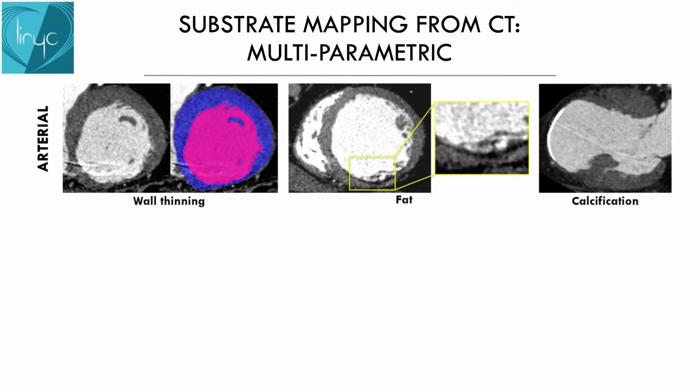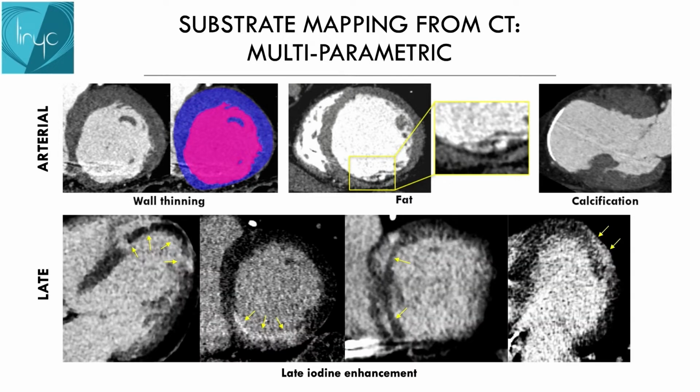You get access to the fat infiltration, which has some implications, and to the calcifications. And these are the type of images you can find with late iodine enhancement, which is pretty similar, even if it's a little noisier than what you get with MRI using late GAD enhancement.